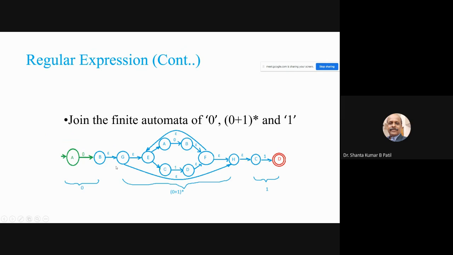There is a multiplication between 0, 0 plus 1 star, and the 1. Hence you can join this 0 with the 0 plus 1 whole star with epsilon, and the 0 plus 1 whole star with the 1 with epsilon. So this is the final figure for the regular expression 0 into 0 plus 1 whole star into 1.